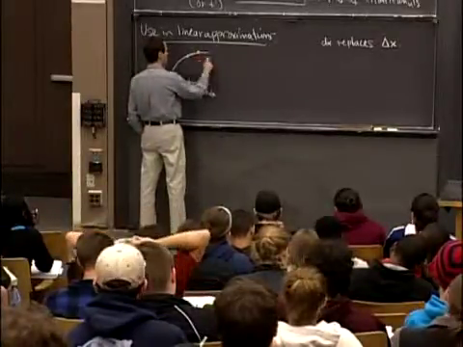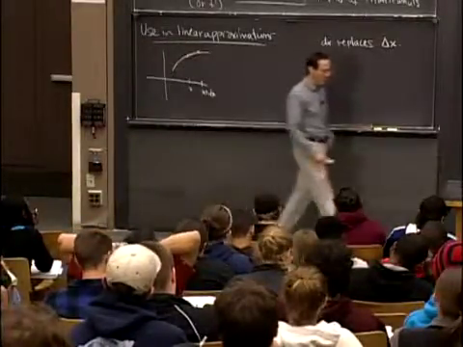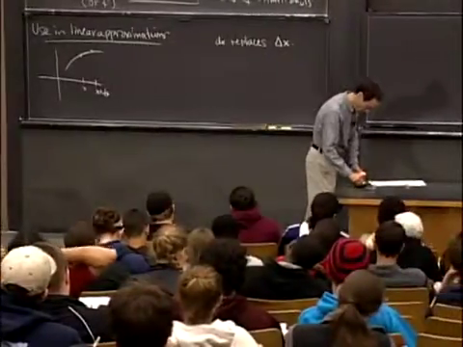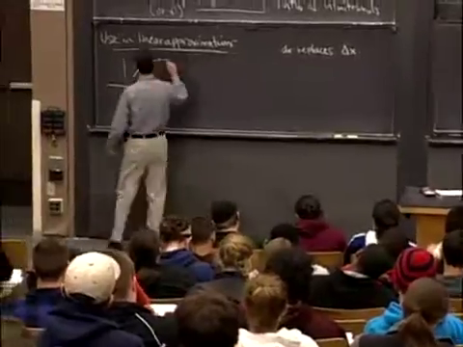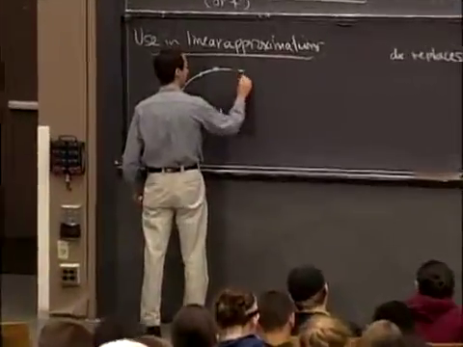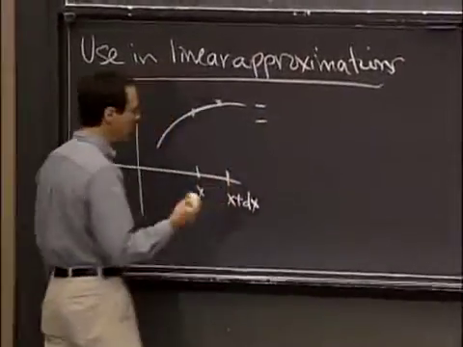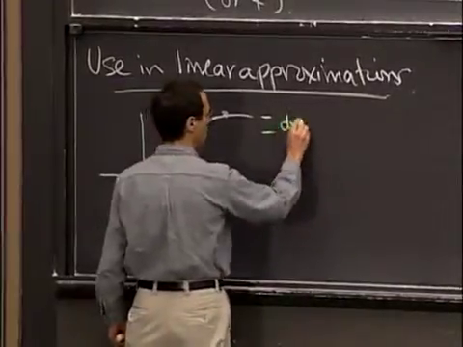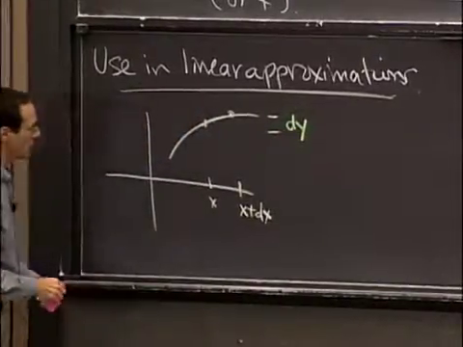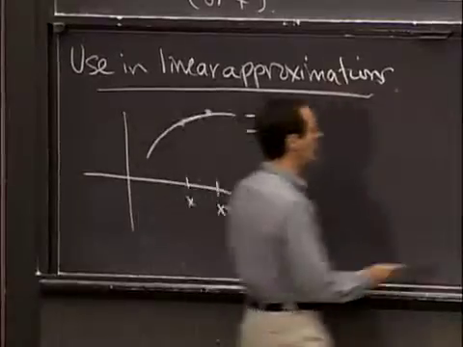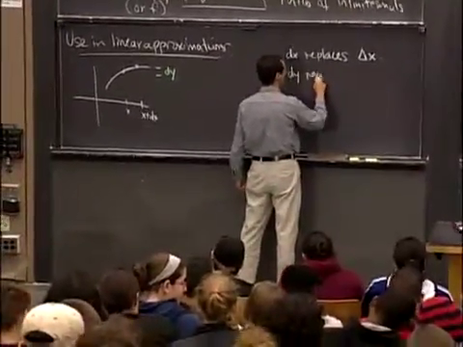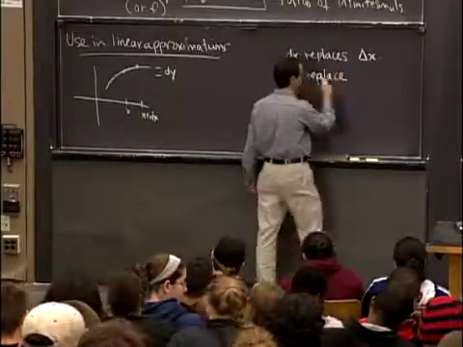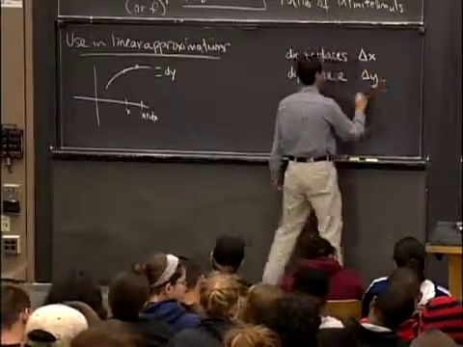Similarly, if you see how much we've gone up, well, this is kind of low, so it's a small bit here. So this distance here is, previously we called it delta y, but now we're just going to call it dy. So dy replaces delta y.